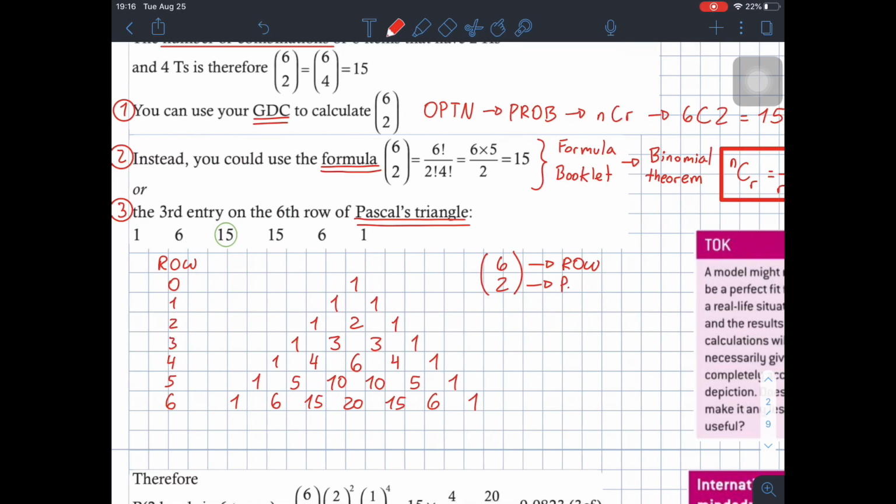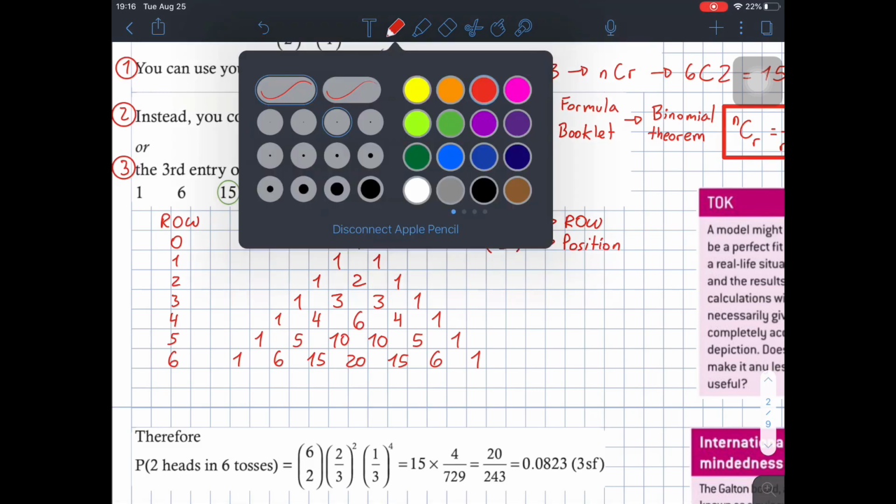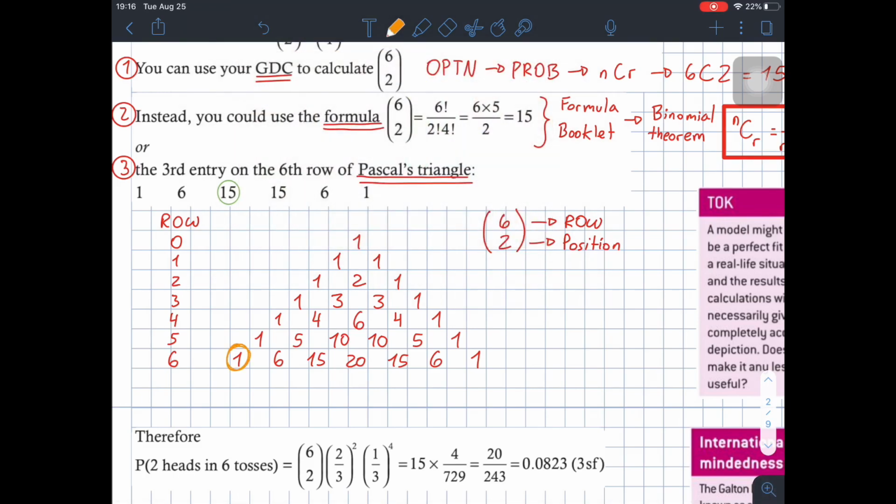Position. Okay? Well, actually there's something you need to pay attention to. We need to go to row 6, right? So row 6 is all of this row over here, right?